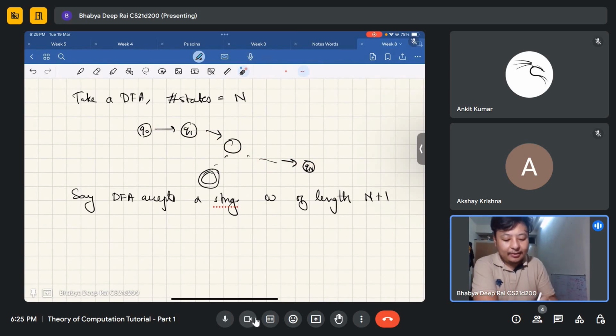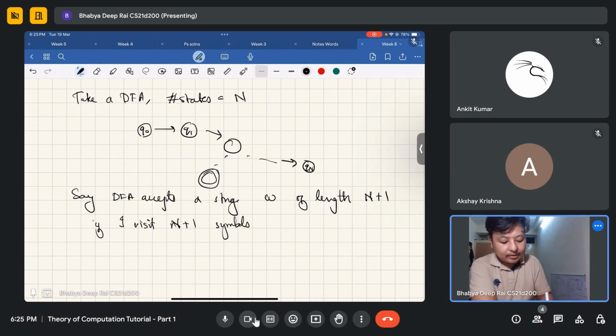And if I have n plus 1 symbols, I'm visiting how many states? n plus 1 states, right? If I visit n plus 1 symbols, then n plus 1 states are visited.